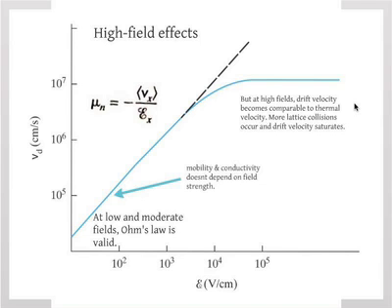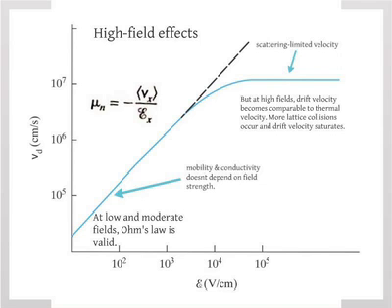Then the extra energy that the electron gains from the field goes into collisions with the lattice. More lattice collisions occur because it's moving so fast, and the velocity essentially saturates into what's called the scattering limited velocity. So we should keep this in mind as well.